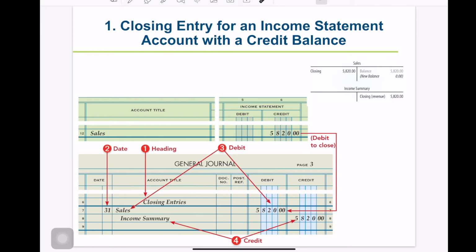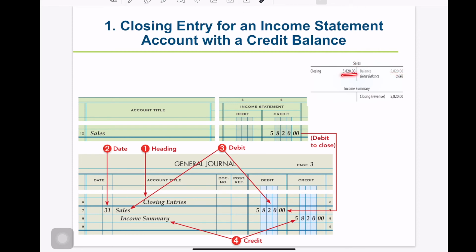But your first is a closing entry for an income statement account with a credit balance. Okay, so you're going to look at your income statement on your worksheet. The only one with a credit balance is sales. So in order to close out that, if you look up here, you have your sales. It has a normal balance, credit balance.